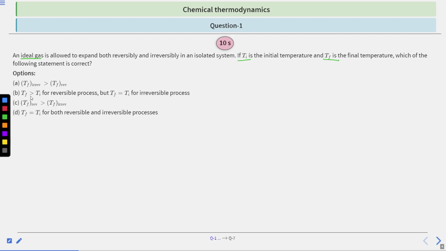T final is greater than T initial for the reversible process, but T final is equal to T initial for the irreversible process. T final for reversible is greater than T final for irreversible. Or T final equals T initial for both reversible and irreversible processes. So you have 10 seconds to solve this question, and after that we will see which statement is the correct one.